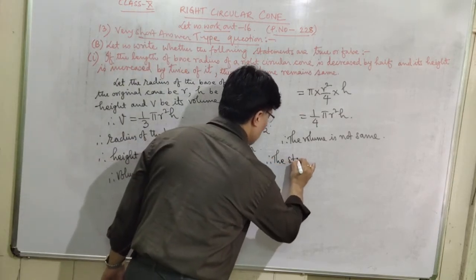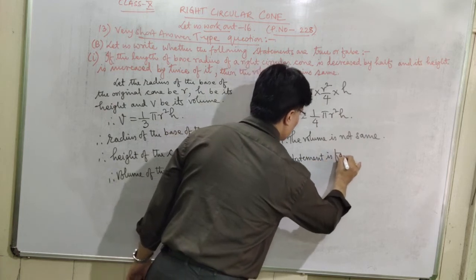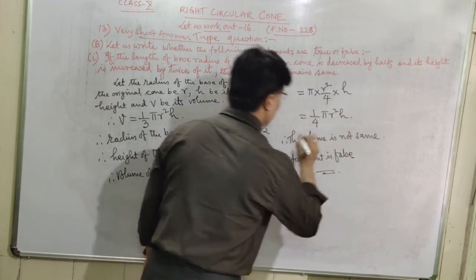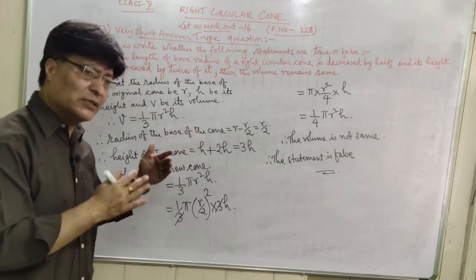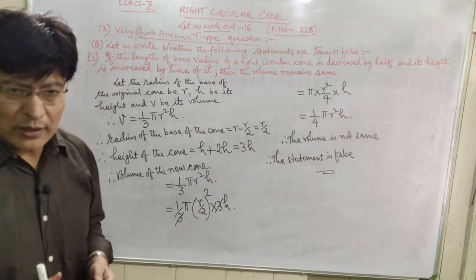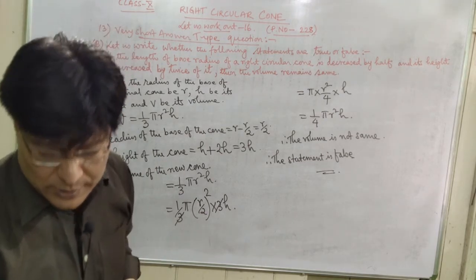Therefore the statement is false. I think you have understood it, because this volume is not same as the original volume. Okay, so this is the answer. The statement is false.